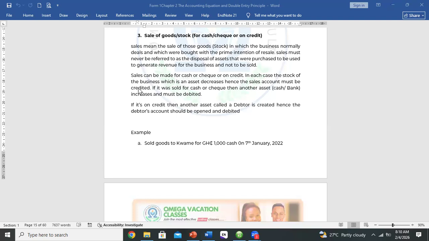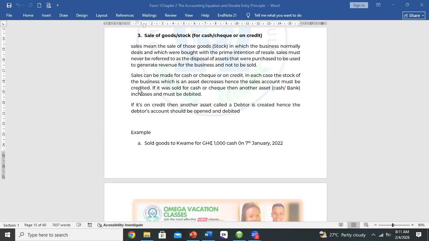Likewise, if somebody sets up a vehicle dealership, so the person buys and sells vehicles. If they buy the vehicle, then automatically it is purchases. If they sell the vehicle, automatically it is what? Sales, because that is the main model of the business. Unless you are given further information that this time the vehicle they bought was not for resale, but to be used for maybe running errands for the business, so it was not meant to be resold.